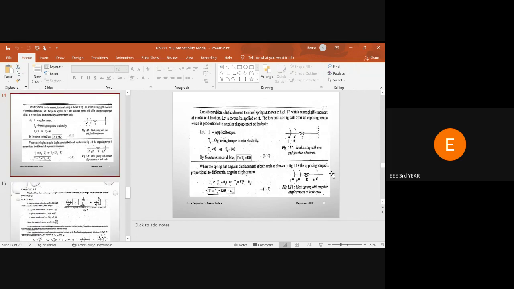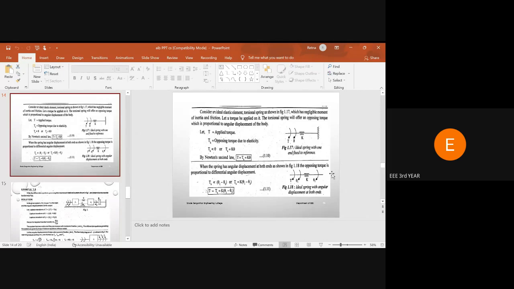Next, opposing torque due to spring is equal to Tk. Applied torque is equal to T. Therefore, Tk is directly proportional to theta. Theta is the angular displacement of the spring. So by Newton's second law, opposing torque due to spring Tk equals k theta.